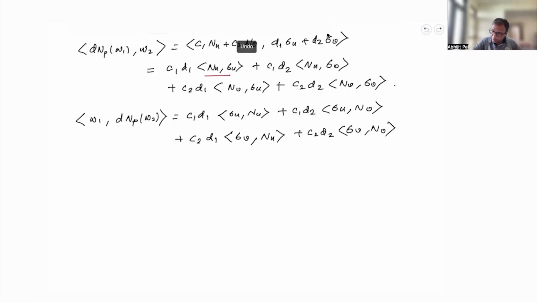Now if I prove that the inner product of NB, sigma U is the same as the inner product of sigma B and NU, then again, using the same kind of argument, the inner product of NU, sigma B will be the same as the inner product of sigma U and NB.